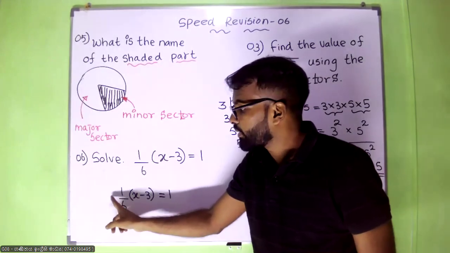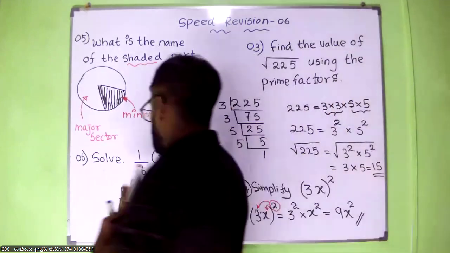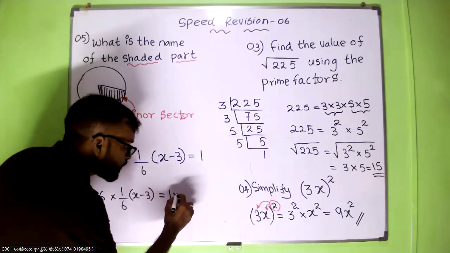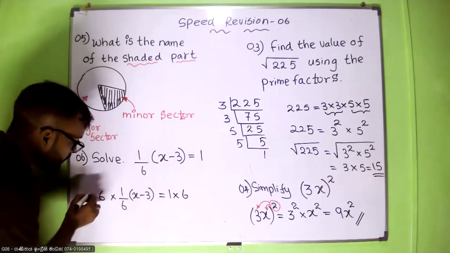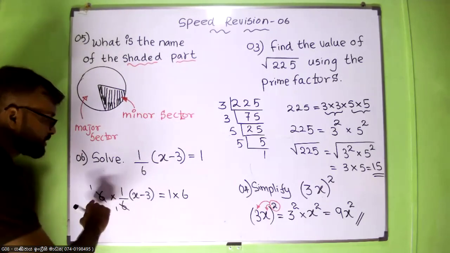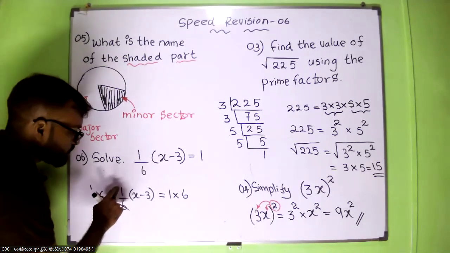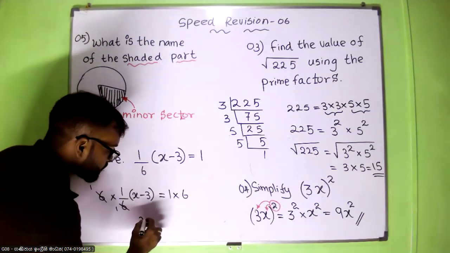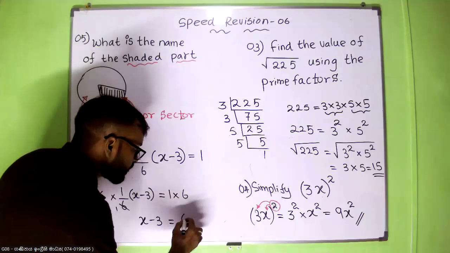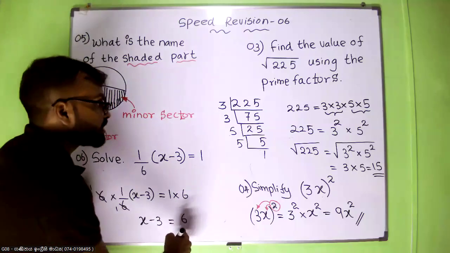So you multiply both sides by 6. 6 times 1, so what is the rest? 1 times 1, 1, 1 times numerator (x minus 3). 1 times 6, 6. Now you have x minus 3 equals 6.